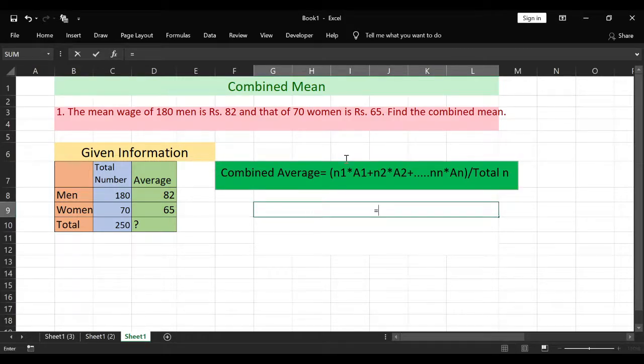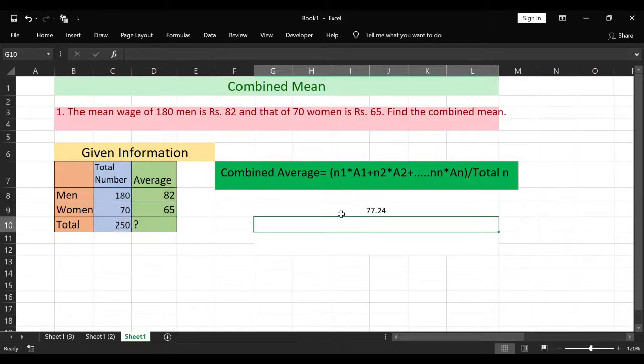Combined average equals n1, the number of men, 180, into a1, the average of the first group, plus n2, the number of women, 70, into a2, the average of the second group, 65, divided by total n, which is 250. I repeat: n1, the number in the first group, 180, a1, the average of the first group, 82, plus n2, the number of women, 70, a2, the average of the second group, 65, divided by total n, the total number of observations, men plus women, 250.